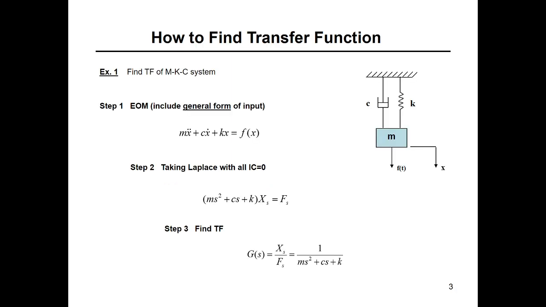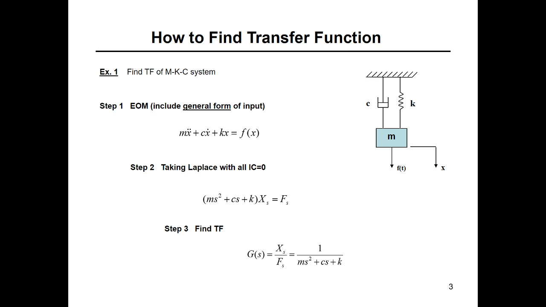Let's see the first example to understand how to derive the transfer function of a mechanical system. We have a single mass, spring, and damper system with an external force. x is the single degree of freedom, and the external force is f of t.